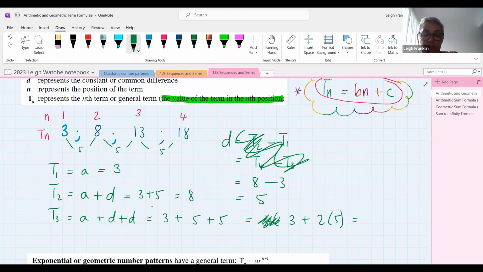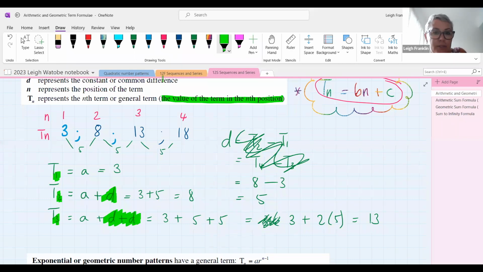That's 3 plus 10, and that is where my 13 comes from. Depending on what term number we are working with, we've always got one less difference. Term 1 has no difference, term 2 has one difference, term 3 has 2 differences.